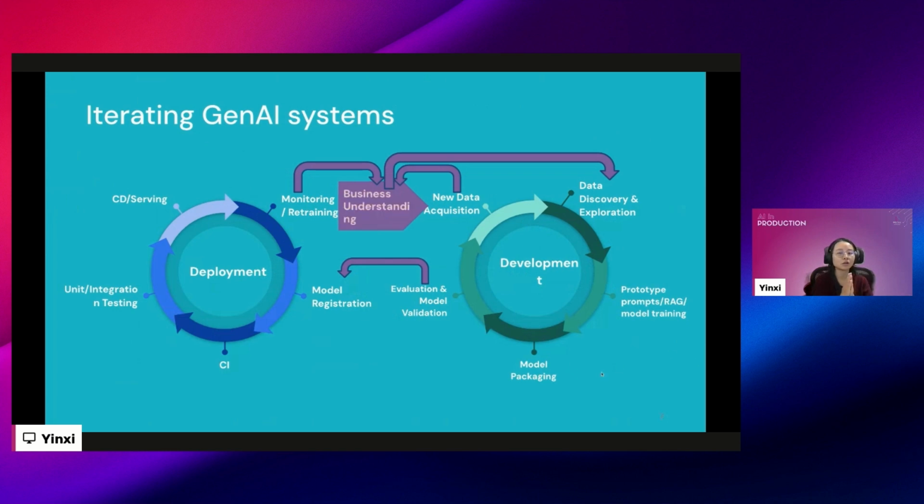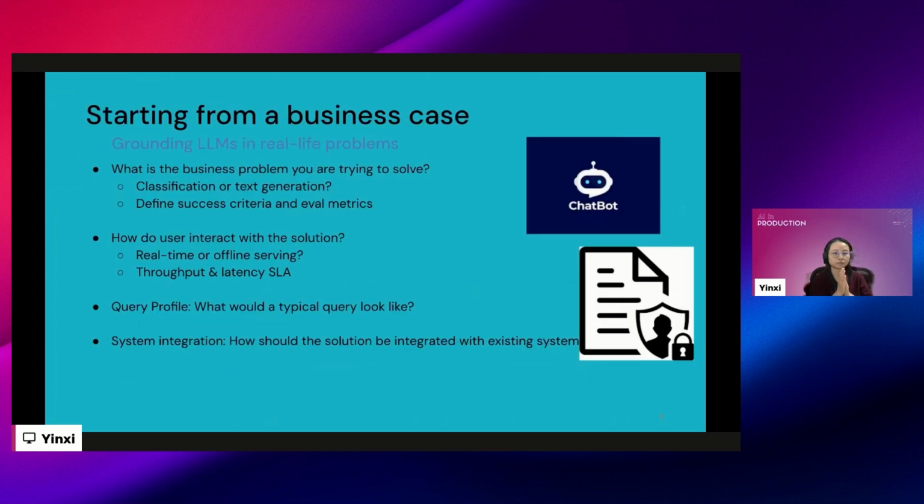Let's first start from business understanding. It is really critical to ground LLMs in real life problems. Before just jumping into the world of LLMs and experimenting with different types of foundation models, maybe you should ask at the beginning: what is the problem I'm trying to solve?